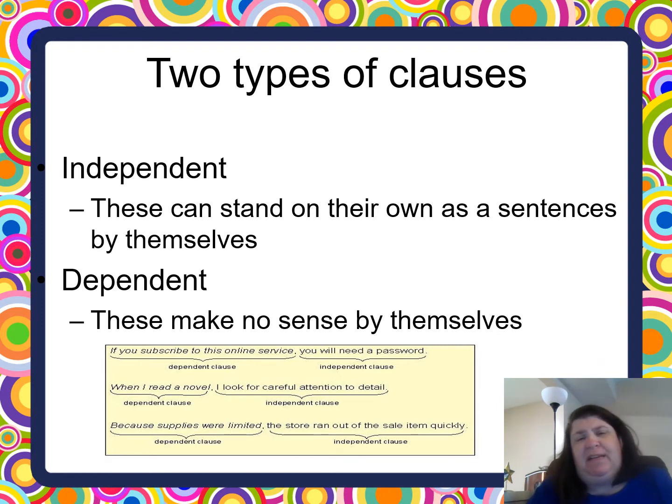So when you're using these subordinators, these connecting words, you need to make sure that you don't have any sentences that are just incomplete.